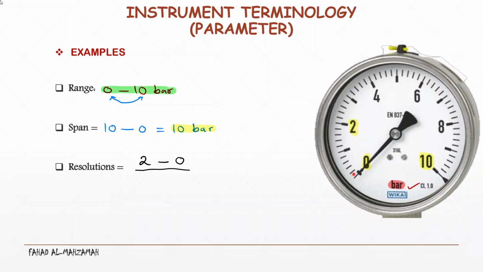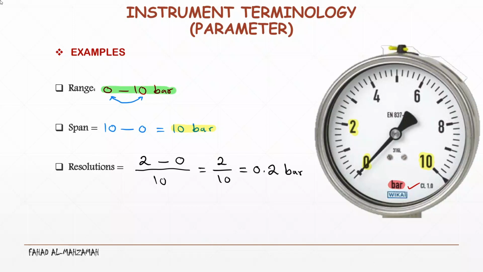So here, this is the first one, second, third, 4, 5, 6, 7, 8, 9, 10. So between 0 and 2, we have 10 divisions. So we will divide by 10. So the answer is 2 over 10, which is equal to 0.2, and you need to mention the unit again, okay? 0.2 bar. 2 divided by 10 is 0.2.